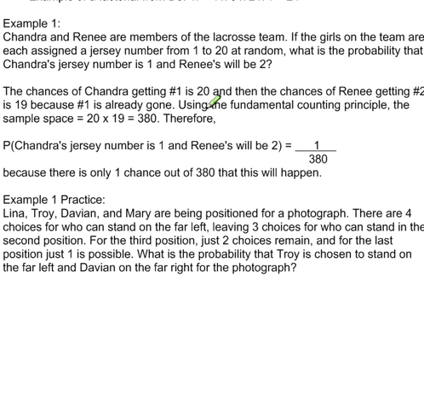So if you're thinking about it that way, you had 20 jerseys and then one was gone, so you had 19 jerseys. So if you use the fundamental counting principle, it says to just do 20 times 19, which gives us 380. Therefore, the probability that Chandra will get the first jersey and Renee's going to get the one with 2 on it is 1 out of 380 chances, because there was only one chance of 380 that this would happen.